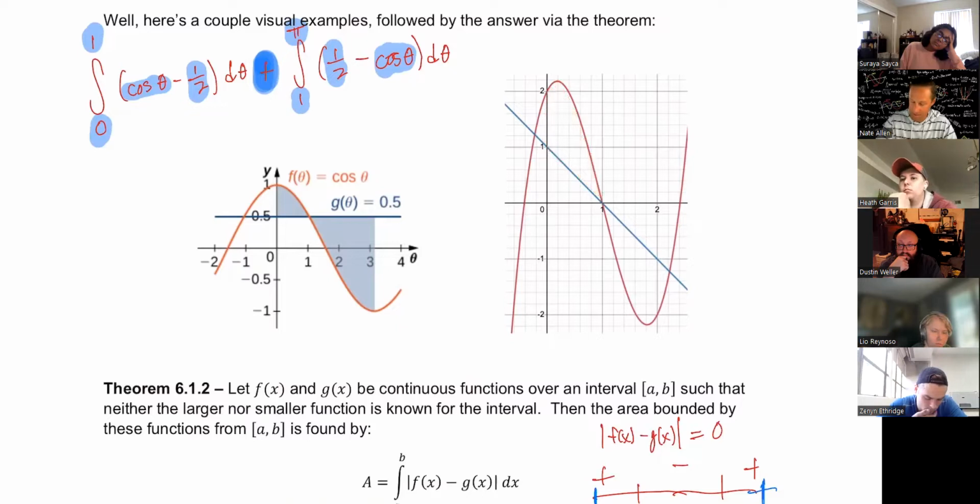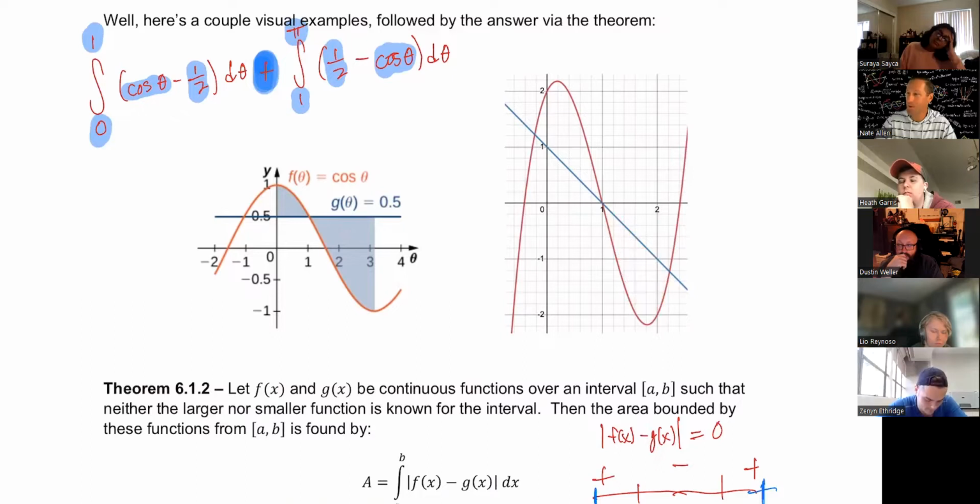But if I did the F minus G from 1 to 2, that's not going to give me the correct thing, is it? It's going to give me the area under the curve to the x-axis here minus here, which is ultimately going to give me what I wanted, but it's going to be the what? Opposite.